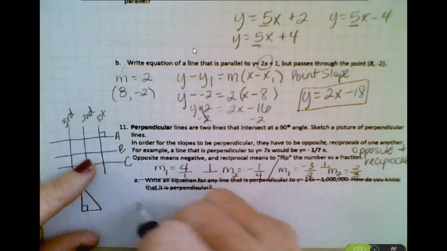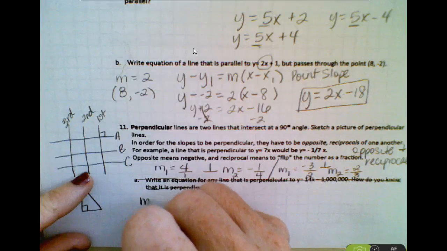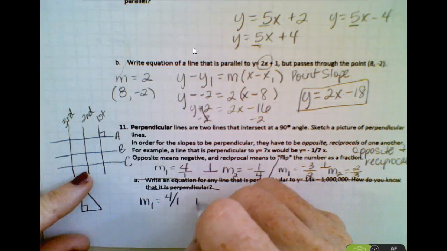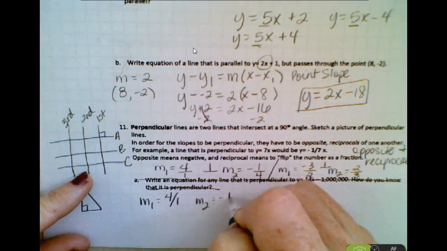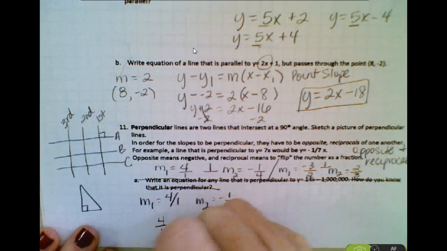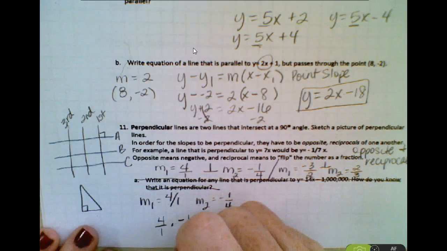Let's take this first example. Our first line was 4 over 1, and our second line was negative 1 over 4. I want you to multiply those two fractions together and tell me what you get. 4 over 1 times negative 1 over 4.